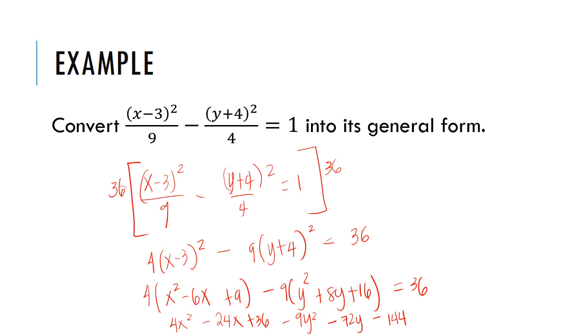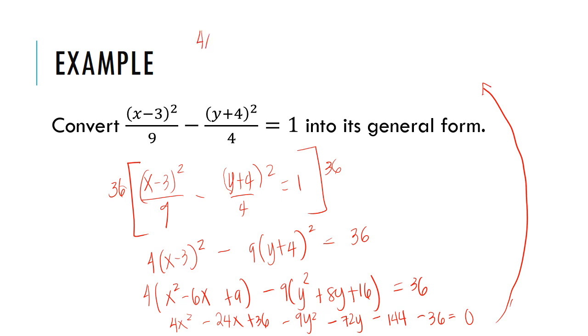And I will now transpose 36 to the left hand side, so it becomes negative 36 equals 0, because the general equation requires that the right hand side should be 0. And now we are almost done. We are just going to rearrange the equation and combine like terms if necessary, add the constant terms. Since I don't have any more space, I'll write it above.